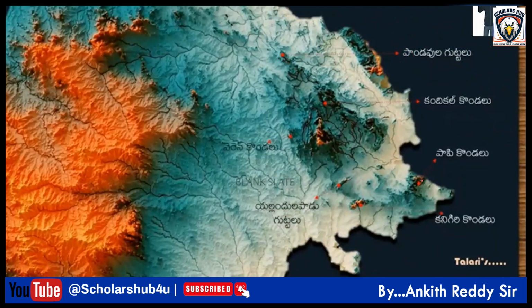And how many of you have been to this region? Papikondalu, Bhadrachalam. Anyone? If you go to Bhadrachalam, they'll take you on a boat ride from Bhadrachalam to Papikondalu. They'll show you the Papikondalu, right? On either side of the river, you can find these Papikondalu. What are these Papikondalu? They are part of which Ghats?